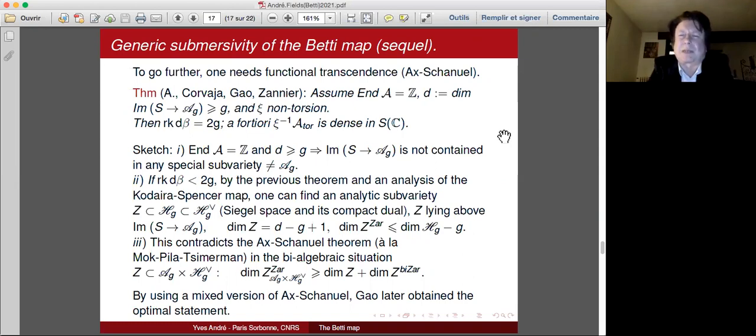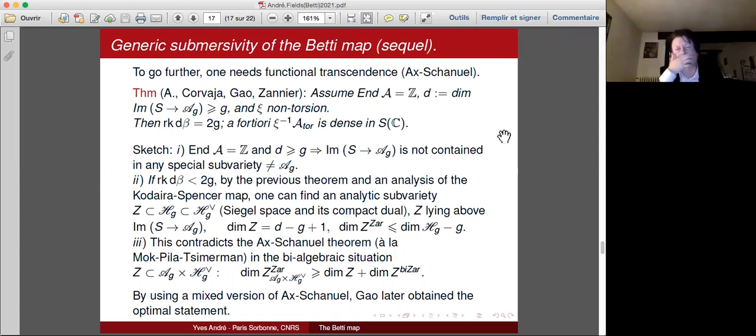Let us make some assumptions: no non-trivial endomorphism, that the dimension of, let's say, the image of the base in the moduli space is at least g, so we are in the second case of my dichotomy of the beginning, and that the section is non-torsion.